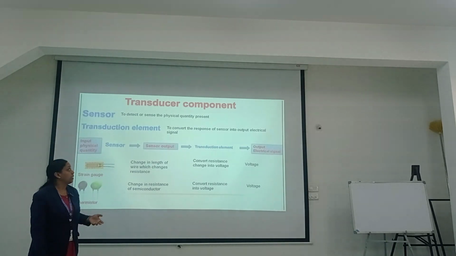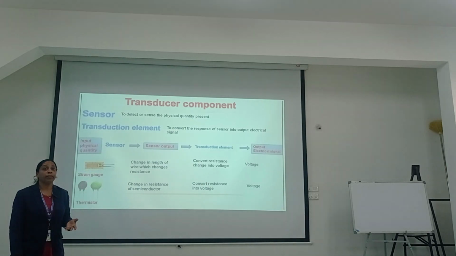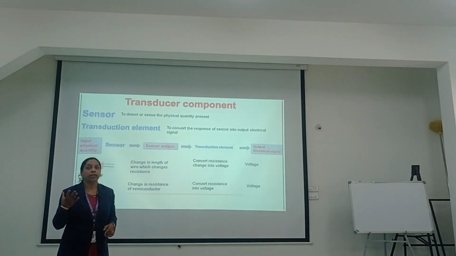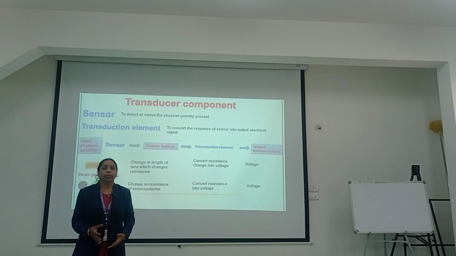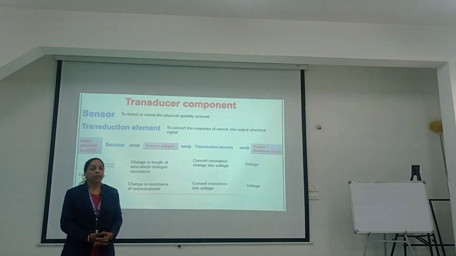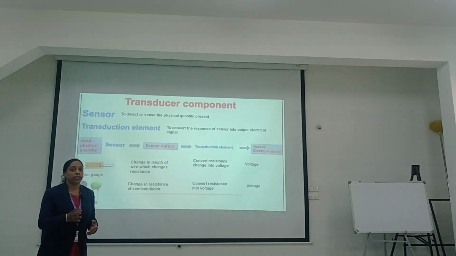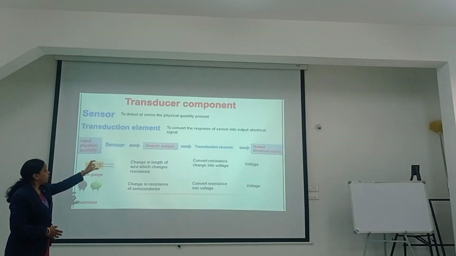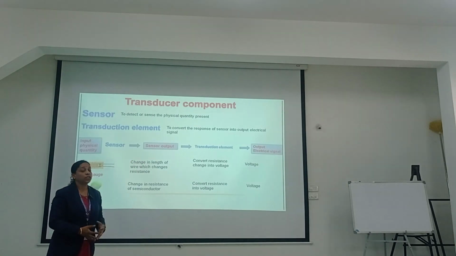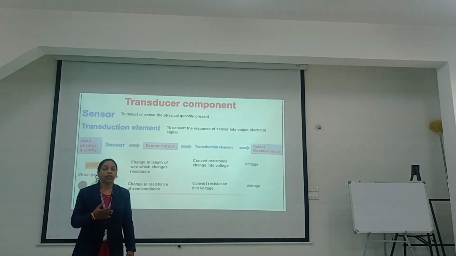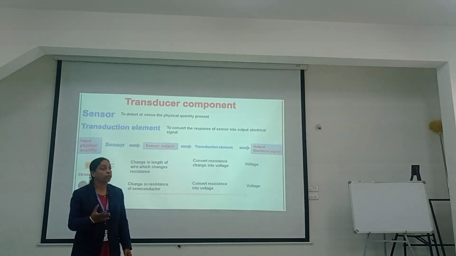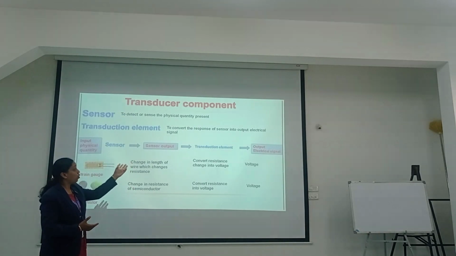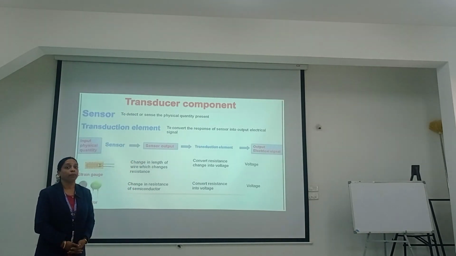Physical quantities may be force, pressure, heat, temperature, and some chemical variation. So all these non-electrical physical quantities will be sensed by the sensor. And the sensor output is given to the transduction element. The function of the transduction element is to convert the sensor output into the electrical form.